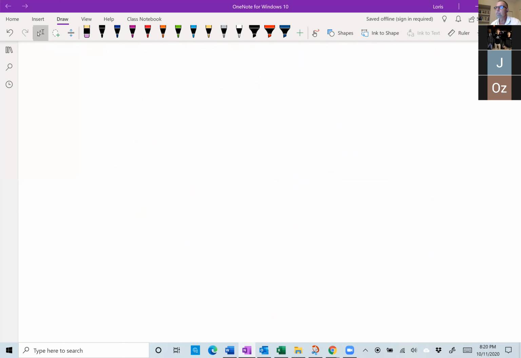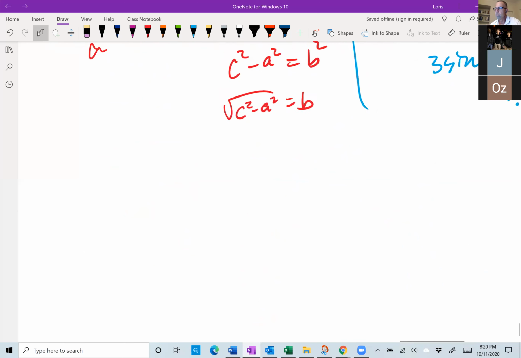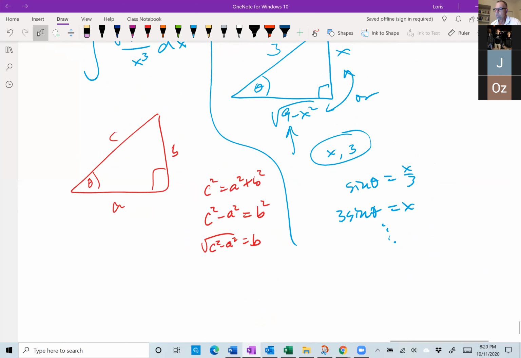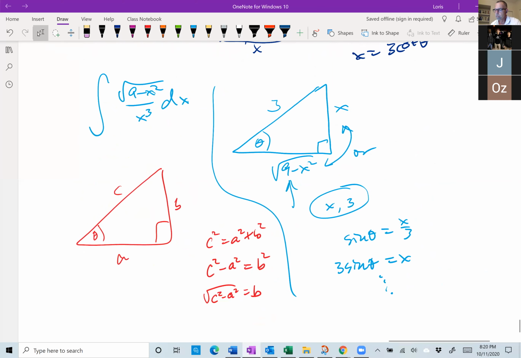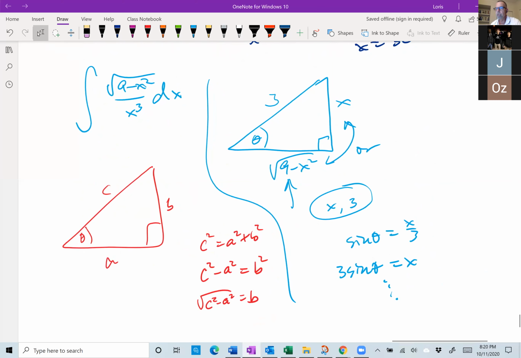Does that mean with x squared plus a squared, the variable will always be the hypotenuse? It'll be the exact opposite? If it's a squared minus x squared, then the a is going to be the hypotenuse. And then with x squared minus a squared, the x is the hypotenuse. Exactly. And tangent can work either way, you said?